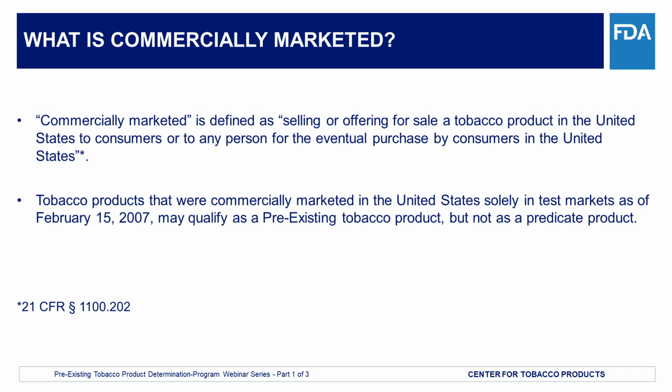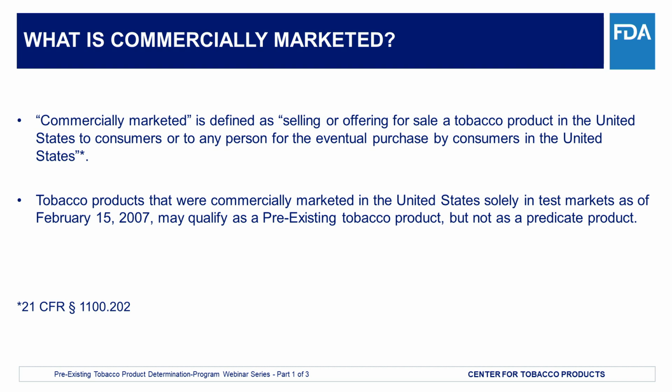Commercially marketed is defined as selling or offering for sale a tobacco product in the United States to consumers or to any person for the eventual purchase by consumers in the United States. A tobacco product commercially marketed in test markets in the United States as of February 15, 2007, may qualify as a pre-existing product, even if sold solely in test markets as of February 15, 2007.